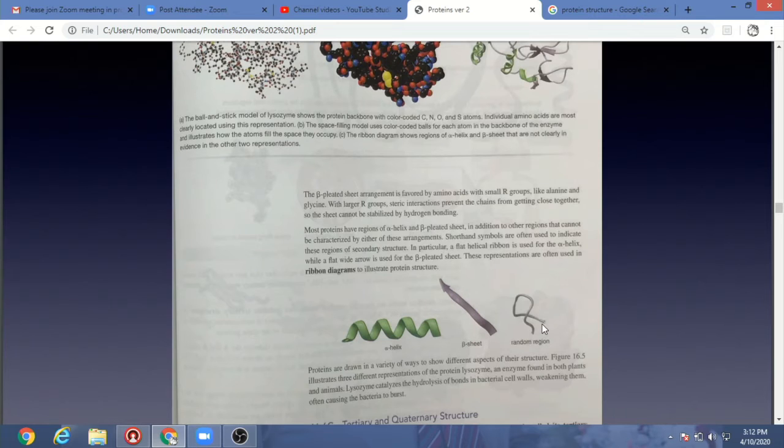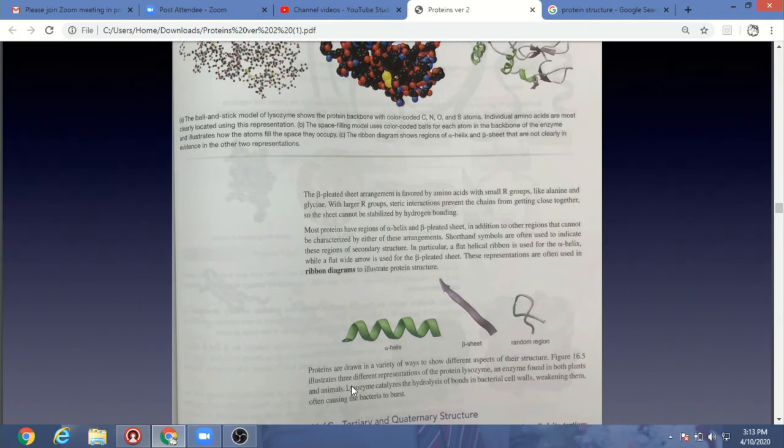And then this is just used to represent random, not really alpha helix or beta pleated sheet. These are just amino acids connected to each other, but not in any special particular way. And so proteins are drawn in a variety of ways to show different aspects of their structure.